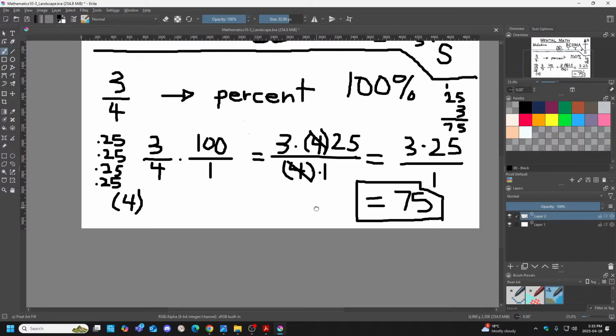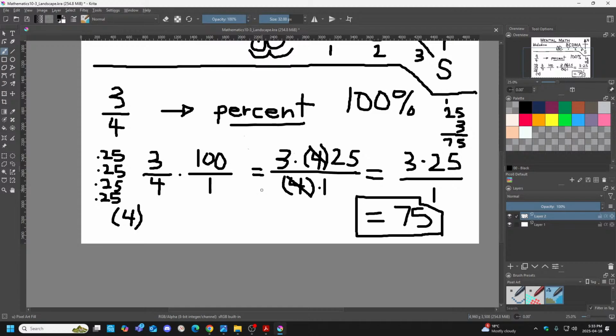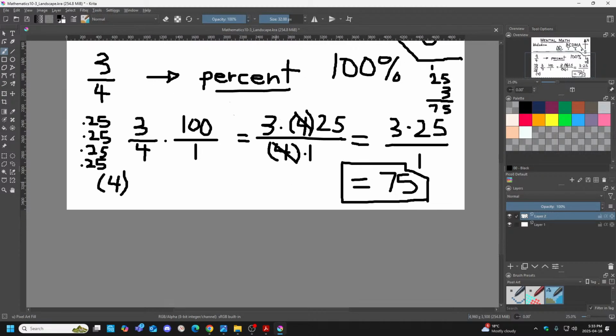That's all we've got. But we still have to answer the question. Okay, convert 3/4 to percent. We're so close there. These are the steps. This is how you do it. Now we got the actual number we need that we can convert to a decimal.